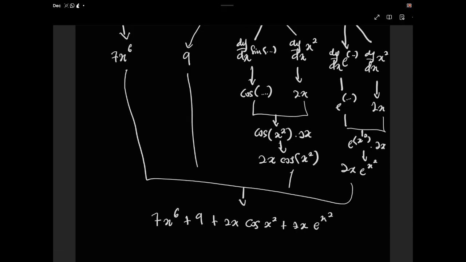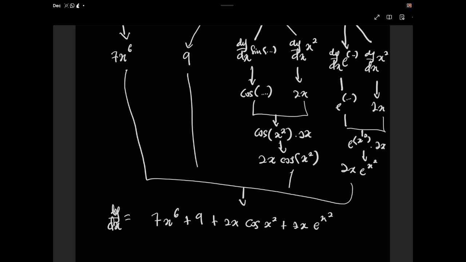So this is its dy/dx, isn't it? No, it's not.